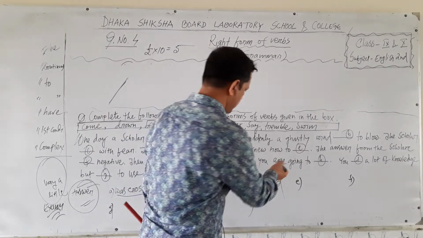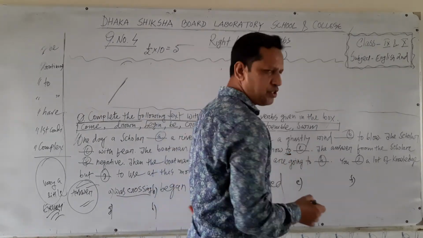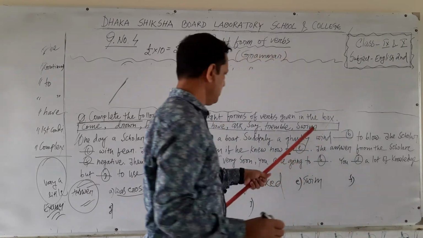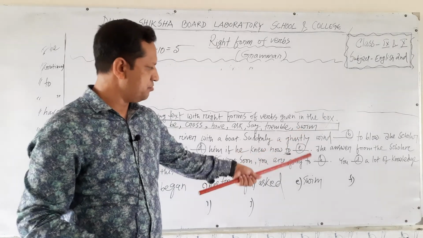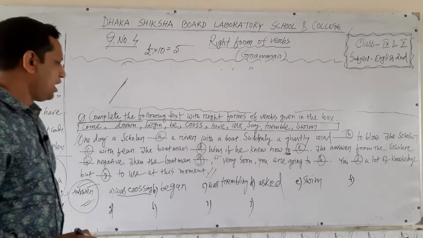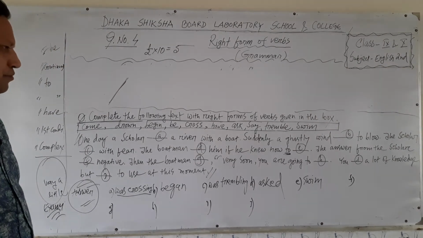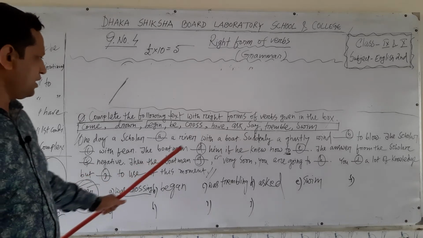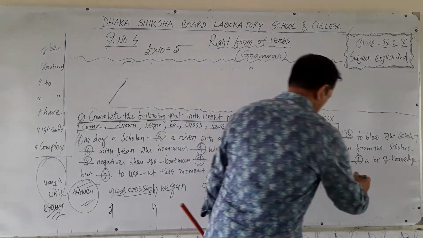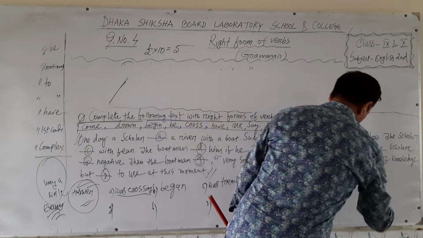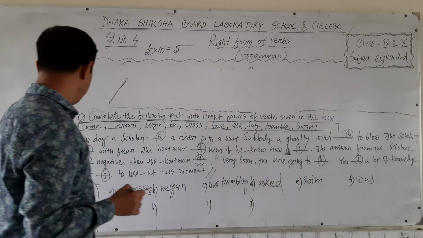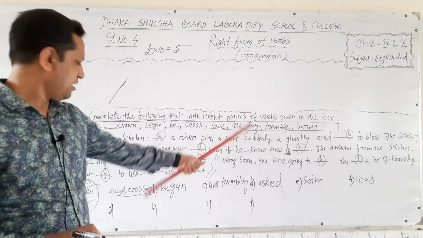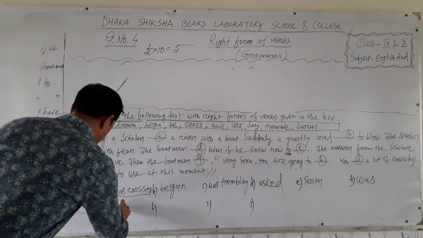Here I have discussed that after to we have to use V1, how to swim. We haven't changed the form of this verb because it is V1, swim. The answer from the scholar was negative, B and past tense. So, we have to use the past form was. Then the boatman, you see, say, we have to use the past form said.